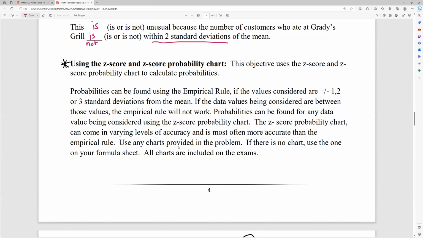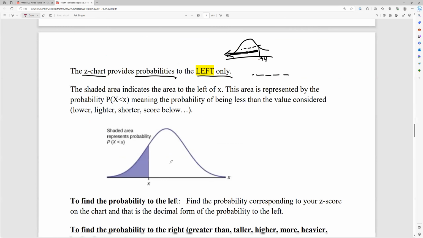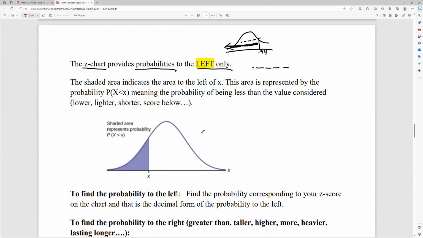Now, if you have numbers that fall exactly on your standard deviations, like 1, 2, 3, -1, -2, and -3, those could have been done using the empirical rule, but it's more accurate to use the z-score chart, okay? That's why I was saying in class, you just have to really realize that the empirical rule is a nice rule, but it's not going to solve every single problem. So the z-score table is actually a lot more accurate.